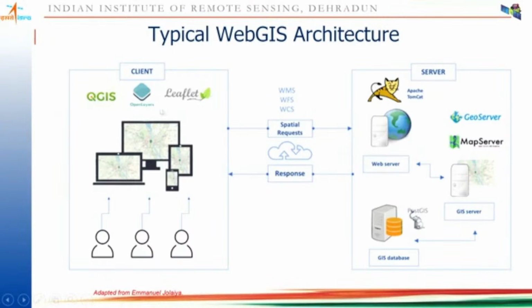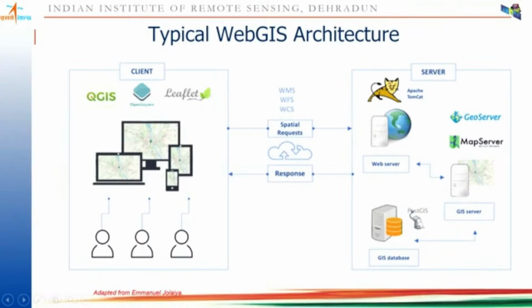So OpenLayers and Leaflet are two open source libraries. They are basically JavaScript based libraries, and they allow you to create a web map which has a spatial component, or you can also say a WebGIS map, with the help of the Leaflet or OpenLayers library. It will sit somewhere in your Apache Tomcat server here.